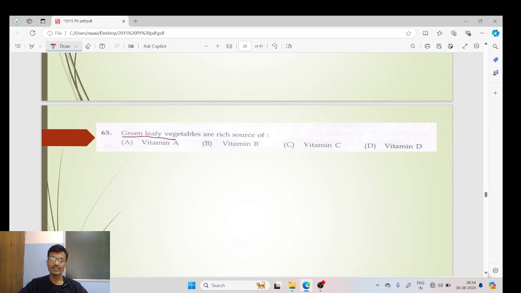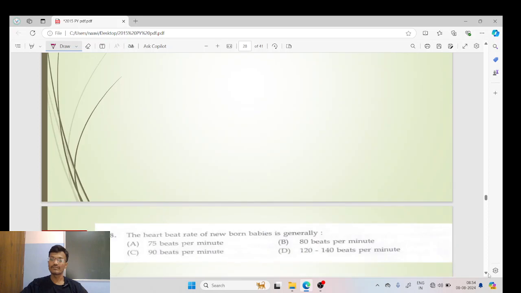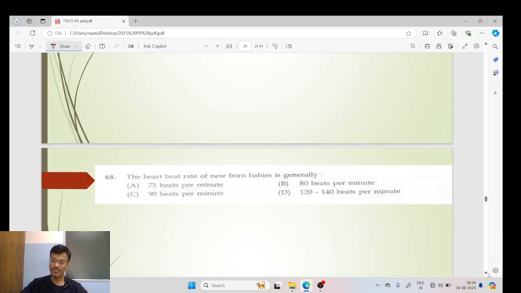Green leafy vegetables are rich sources of vitamin A. See, these are the simple kinds of questions they ask in an examination. I think this is 2015. Let's see, we will solve 2016-17 and what kind of questions they may ask.